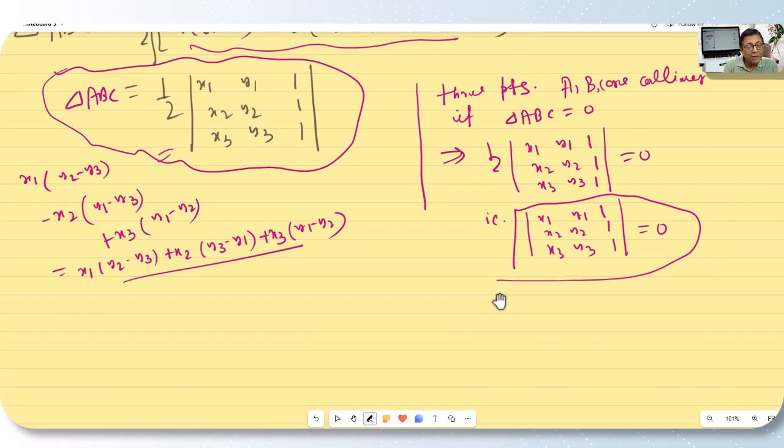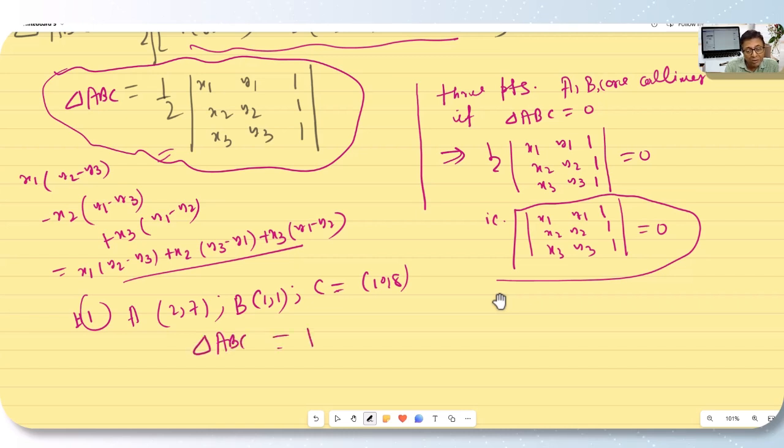Now let us find the area, one sum, then collinearity. Find the area of the triangle whose vertices are (2, 7), (1, 1), (10, 8). So the area of ABC will be half into the determinant 2 7 1, 1 1 1, 10 8 1. Clear?